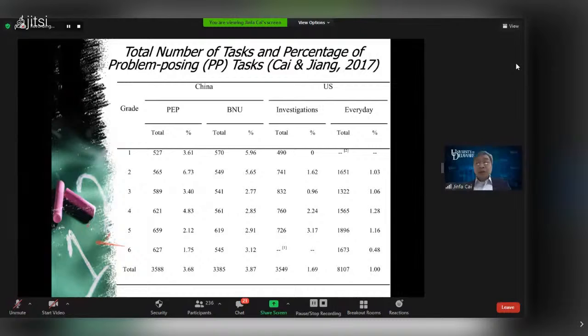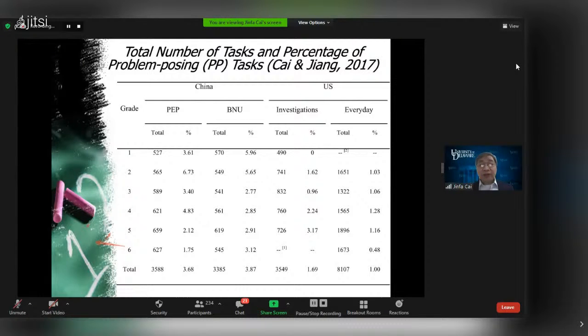But some of you will ask me, what percentage do you consider the right amount? I do not know the answer to that. But one thing I do know is that, compared to the heavy emphasis in the curriculum standards, this percentage of problem posing activities seems quite small.